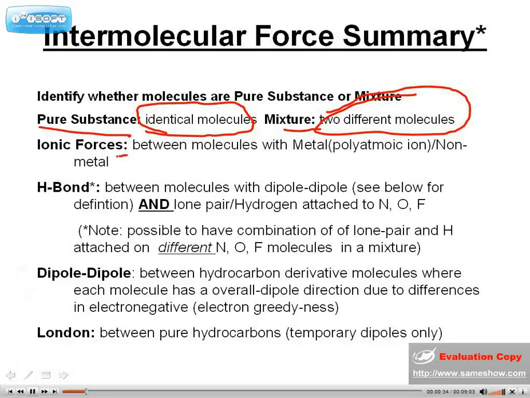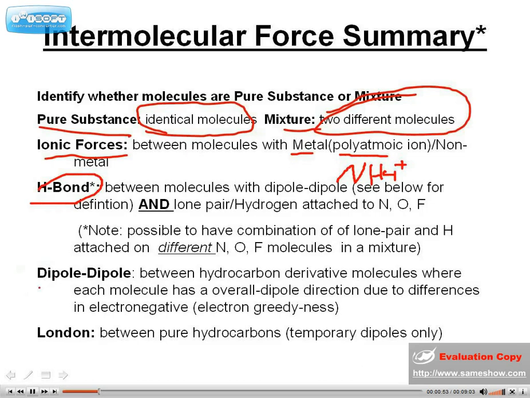We have, again, ionic forces. Those tend to be between metals and nonmetals. Instead of a metal, we could always have a polyatomic ion, such as NH4+. We could also have hydrogen bonding.